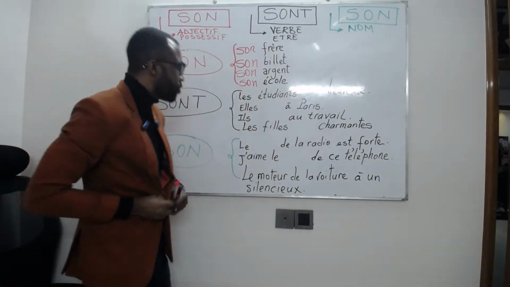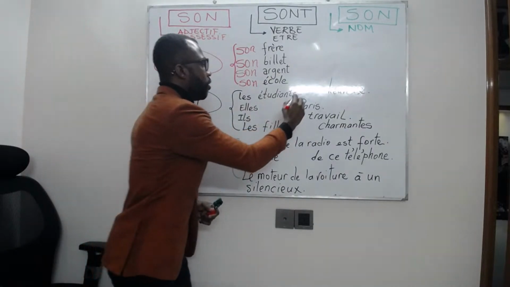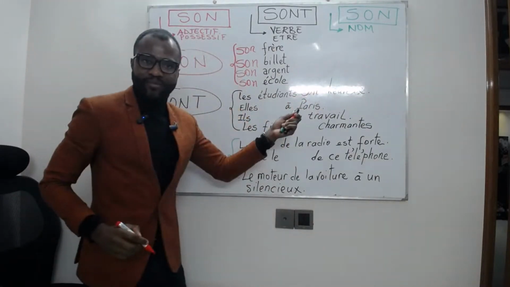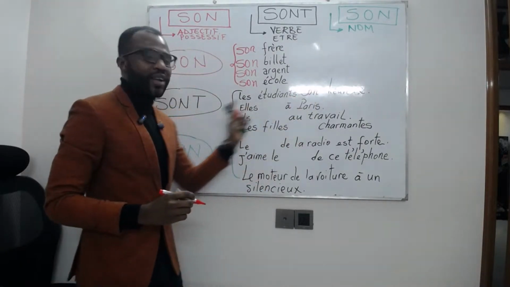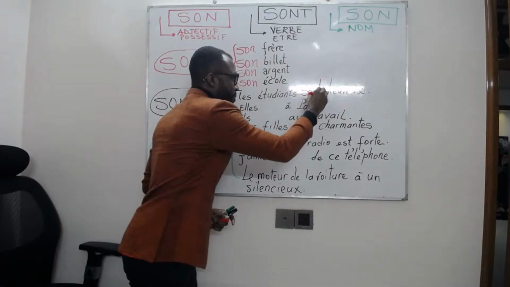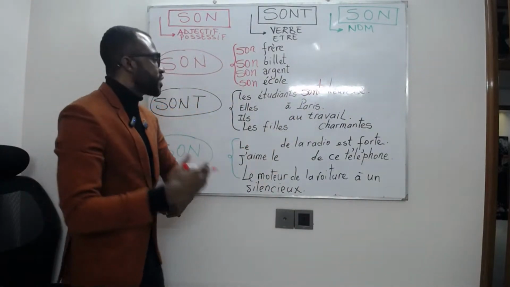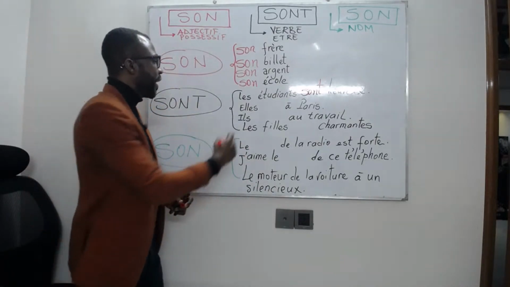So, les étudiants sont. Do not forget that we are using sont as a verb, so the T should be there. So, les étudiants sont heureux. Students are happy.